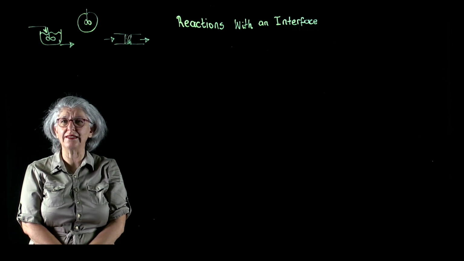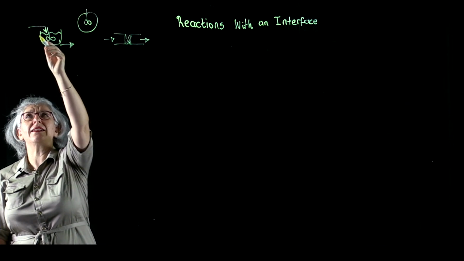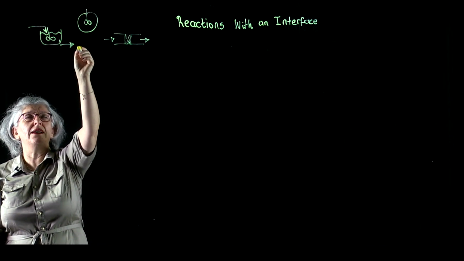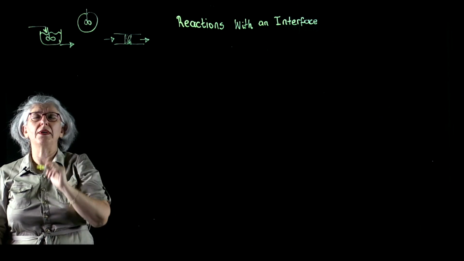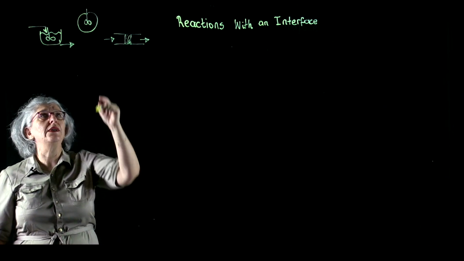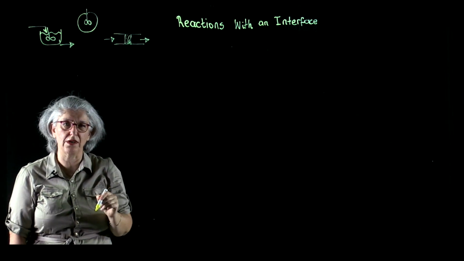So we had idealizations in all three cases. Here we had steady flow in and steady flow out, uniform concentration throughout. Here we had no flow in or out, but uniform concentration throughout.